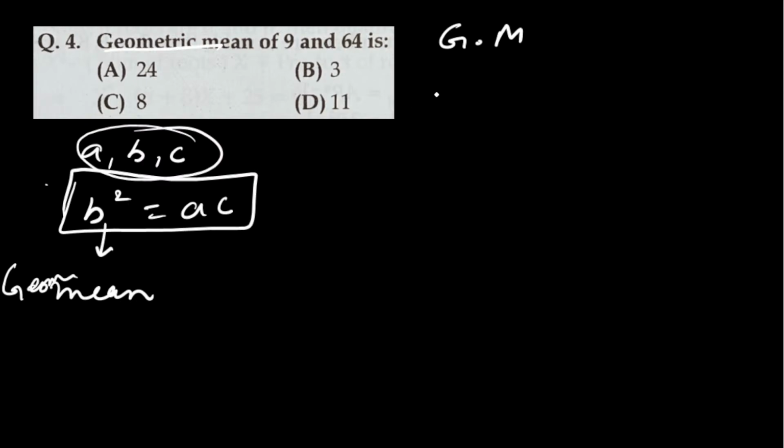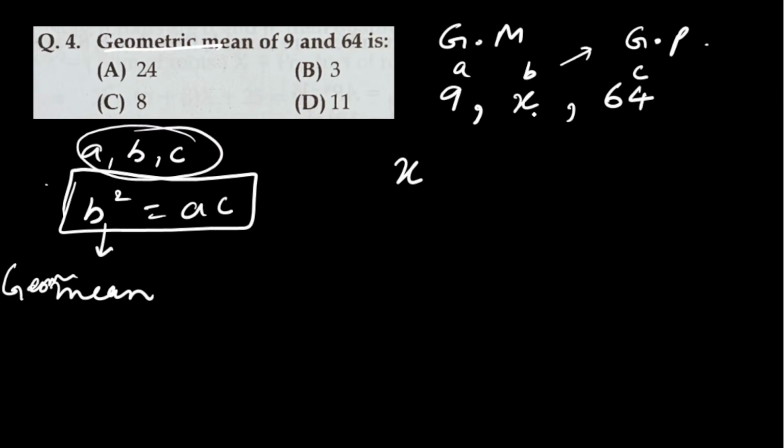Here I'll say 9, geometric mean x, and 64. These three numbers are in GP, and their geometric mean is X, which I have to find. Which formula can I apply? This is A, this is B, this is C, so the formula is B square is equal to AC.